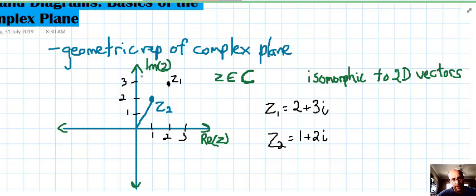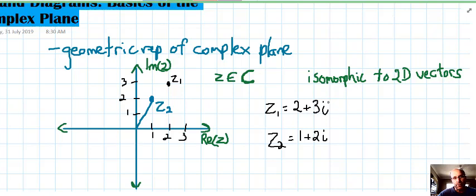Sorry, I didn't mean to have an arrowhead on there. Usually they're not represented with an arrowhead as a vector would be, but you can see it can be in a line form or just as a point, and they're both common geometric representations of complex numbers.